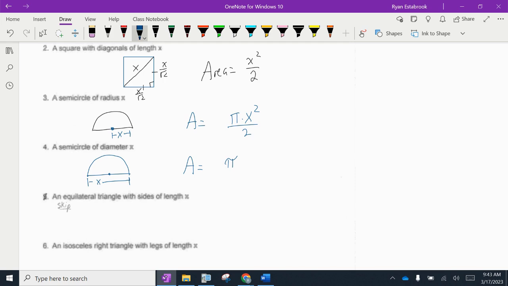Definitely a pi in it. Pi times, what is the radius now? x over 2. So pi times this radius squared.